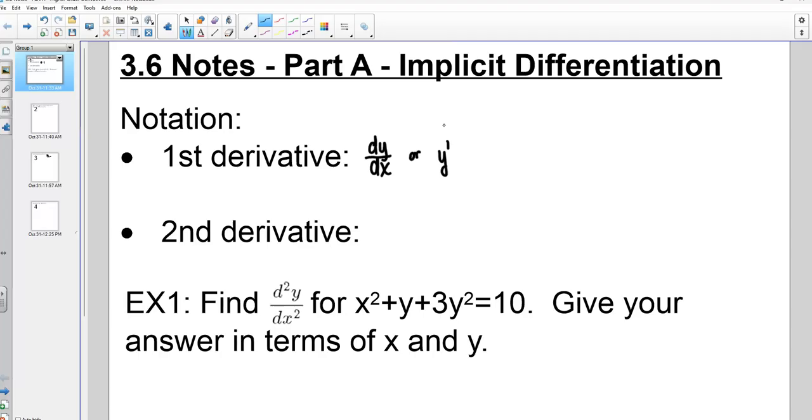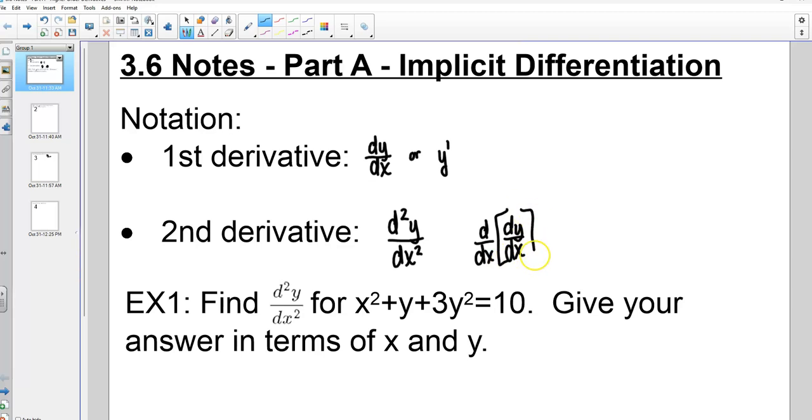If we take the second derivative, here's the notation. It's crazy looking: d squared y over dx squared. It seems silly that they have the squares in different places. But if you think about the notation we use to take a derivative, you will already have the derivative, dy/dx, and you'll be taking the derivative, which we use d/dx to show.